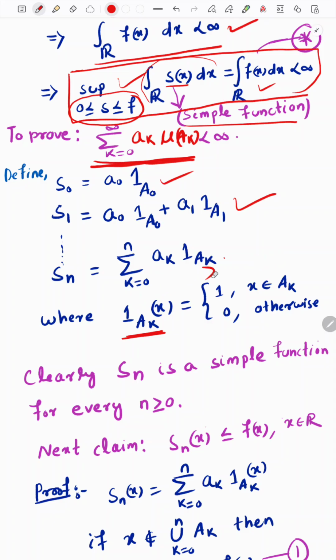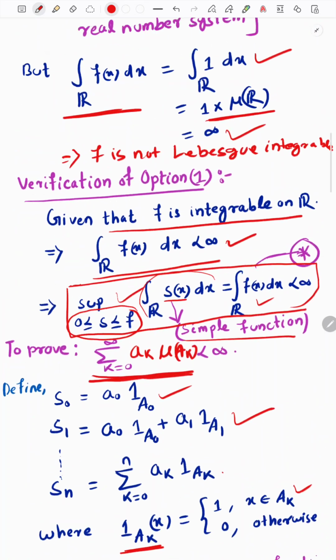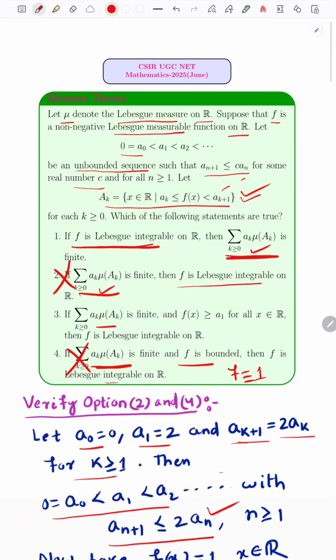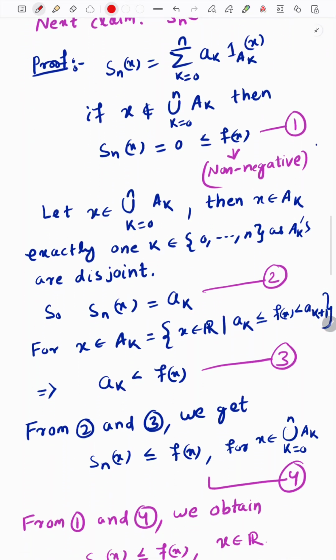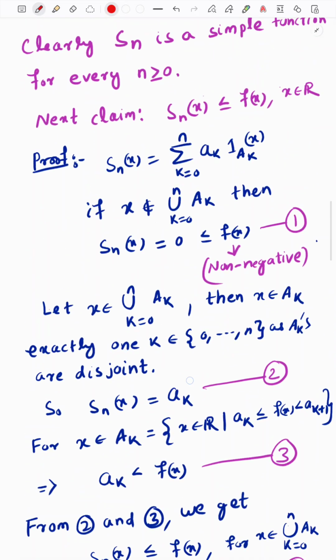It is defined in this way: 1_{A_k}(x) is equal to 1 if x belongs to the set A_k, and 0 otherwise. These A_k's are the sets I defined earlier. I hope that you remember the definition of the A_k set.